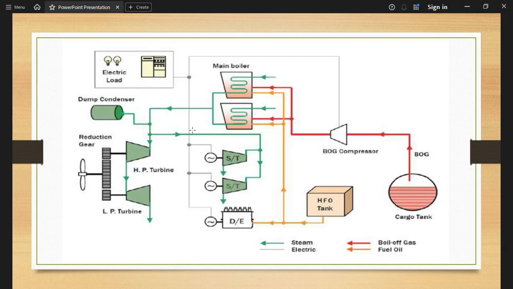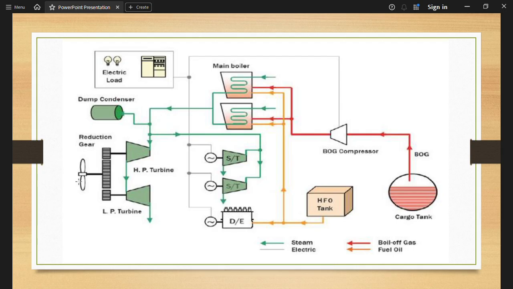Now this green line indicates the steam line, so it will go to the steam turbine, and here also it is going to the dump condenser. You can see whatever is the return will go, and then it will come to the HP turbine, and this HP turbine, through the reduction gear, will turn the propeller.